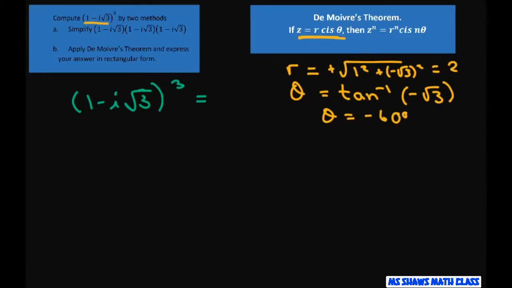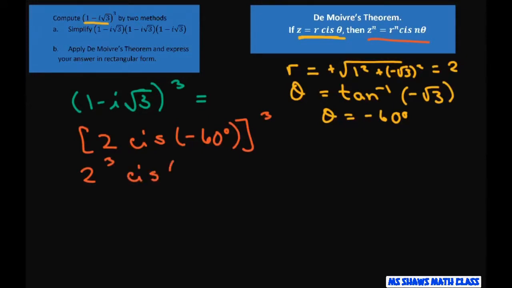So now that we have that, we can write this as 2 for your r, cis of -60 degrees, cubed. You can make that coterminal if you want. So this really gives you 2 cubed, based off our formula, 2 cubed cis of 3 times -60 degrees.